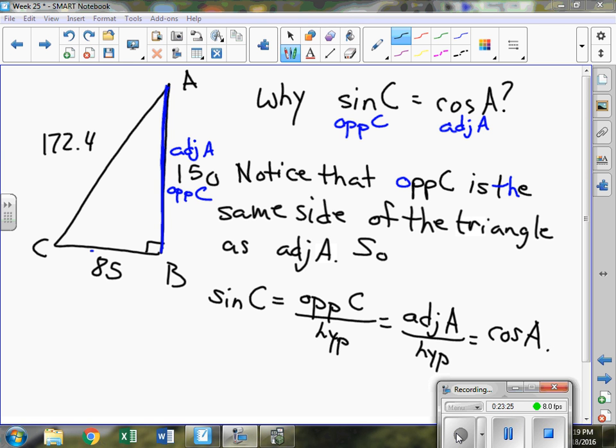Understanding that sine of angle 1 will equal cosine of angle 2 because it's the same fraction, no matter what the triangle is. Big right triangle, small right triangle, it doesn't matter. It will always wind up having this relationship because it's always talking about the same side.